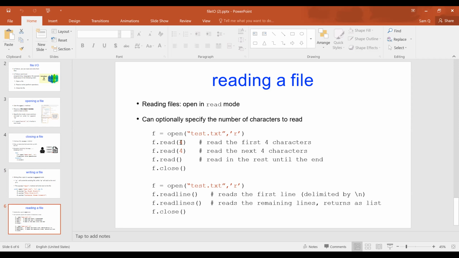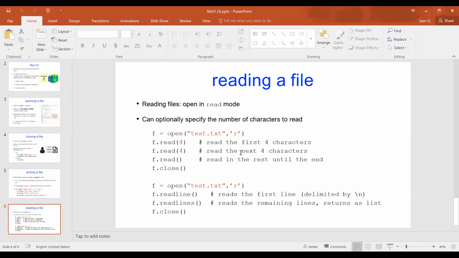So when you open the file in text mode, of course you can read character by character or line by line. When you read 4, it will read the first 4 characters, and the next read 4 will read the next 4 characters. Basically, there is some kind of pointer that keeps increasing. Once you read 4, the pointer moves to your current position, then you read 4 again, it reads the next 4.